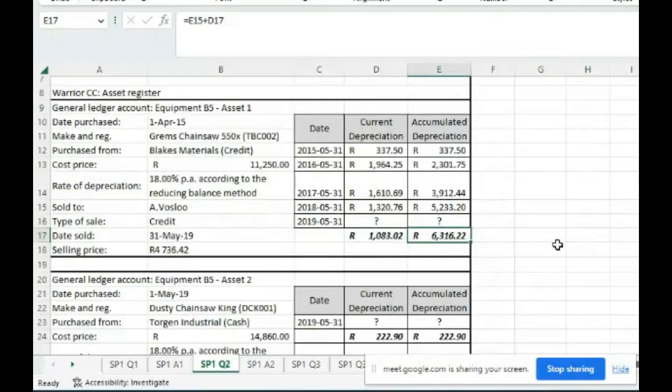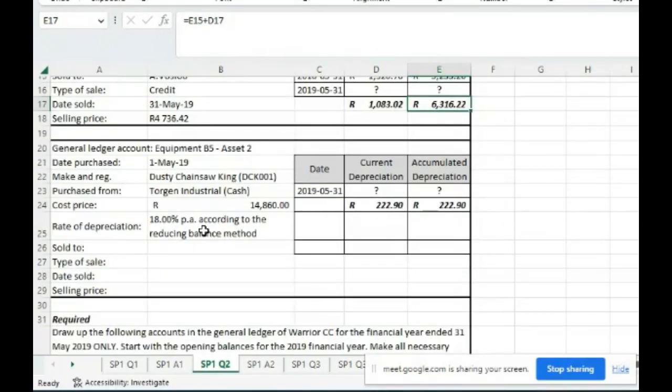Okay. Now, if we look at the other one, it is a new chainsaw that we bought on the 1st of May. Now, we know, once again, that year end is 31 May. So this chainsaw will only depreciate for 1 month. Again, it is 18%.